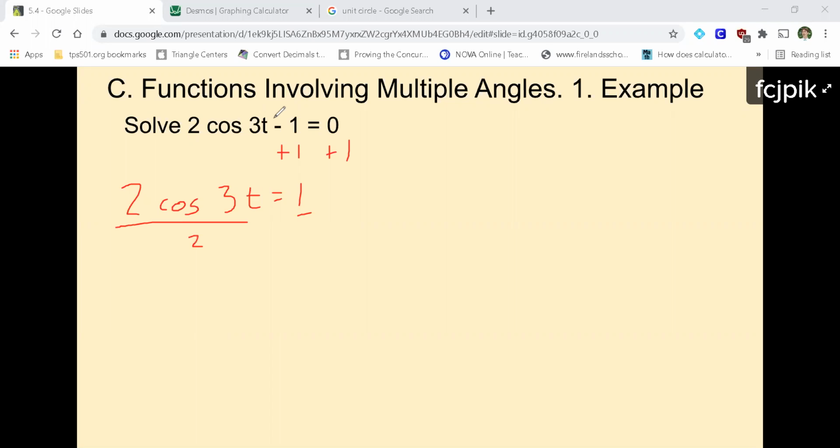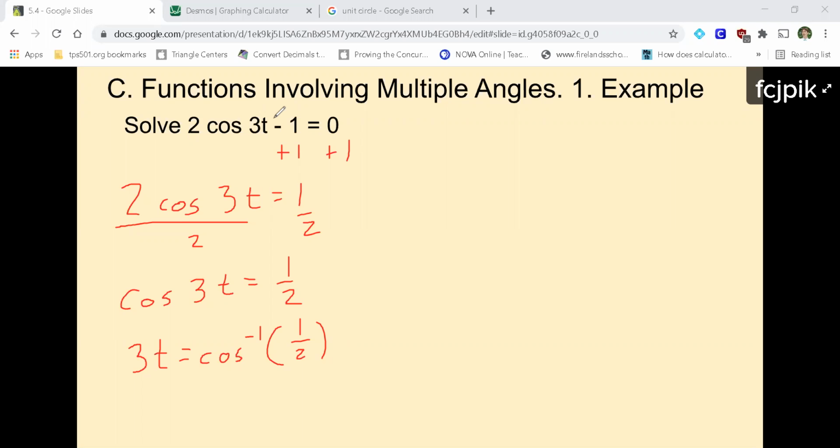Divide by 2. Cosine inverse. All right, and remember cosine tells you the x value on the unit circle.